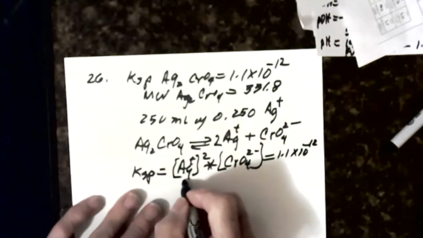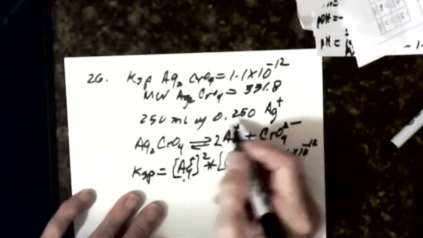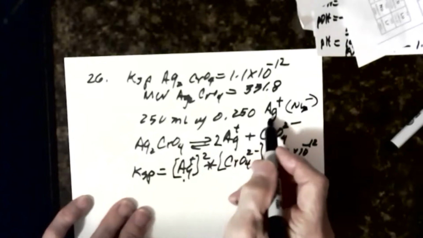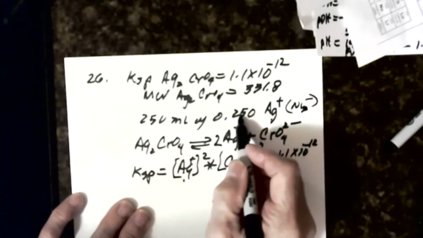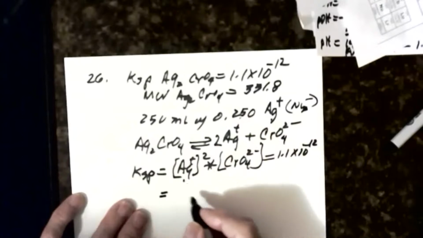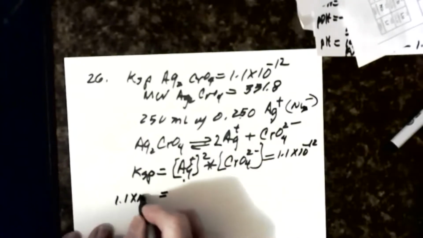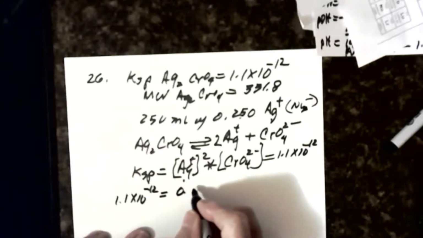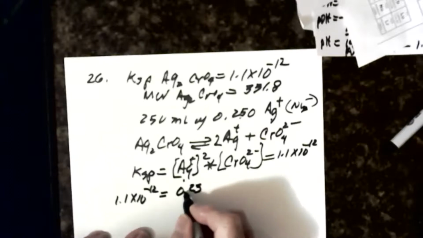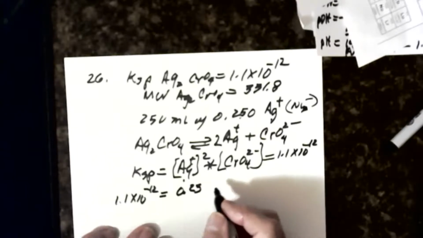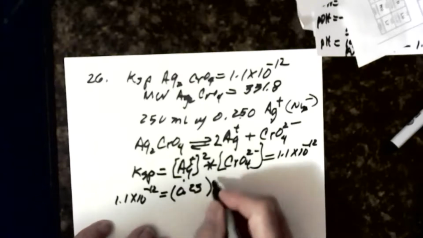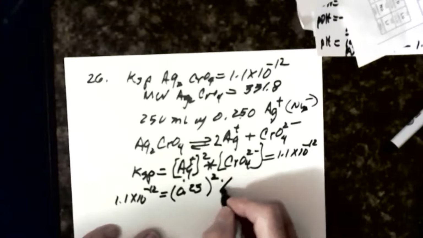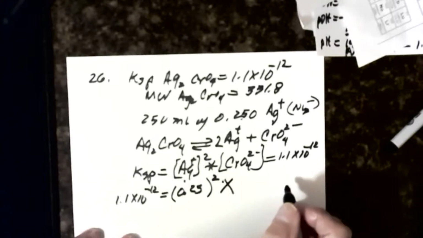Okay, I do know the silver ion concentration because it's coming in from the silver nitrate. So the silver ion concentration is going to be 0.25. So this 1.1 times 10 negative 12 is going to be 0.25 molar, squared, times the chromate ion concentration. I don't know what that is, but I can solve for it now.